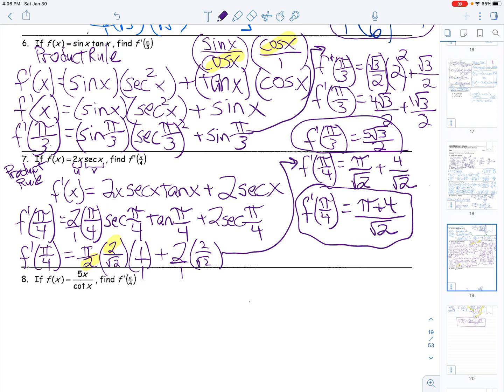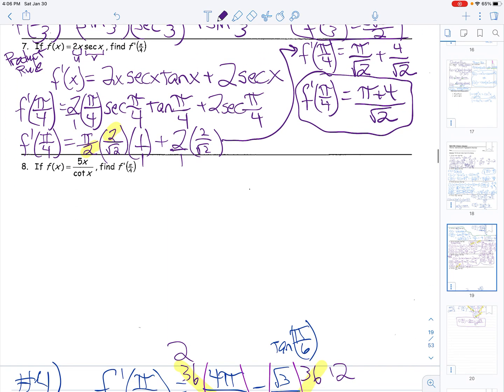That's the slope, once again, of the tangent line to this curve at pi over 4 radians. Also 45 degrees, right? All right, I want to do number 8, and then we'll see where we're at after that one. Number 8.